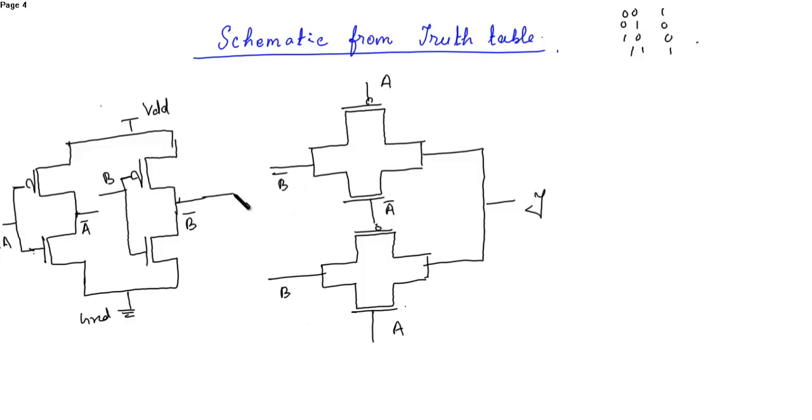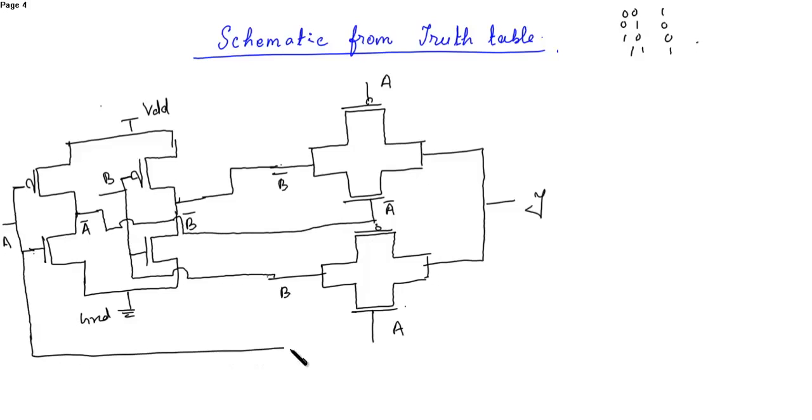So B bar is connected over here and B is connected from here. Okay, B is connected, then A is connected here and A bar is connected here. So A bar is connected from here and A is connected here.